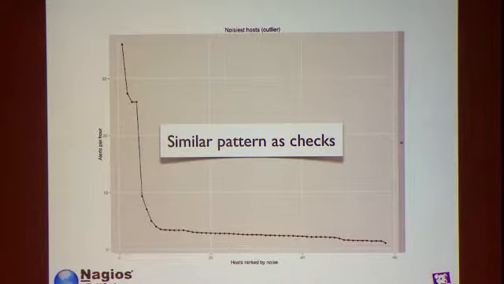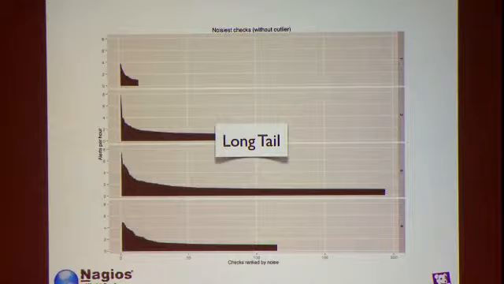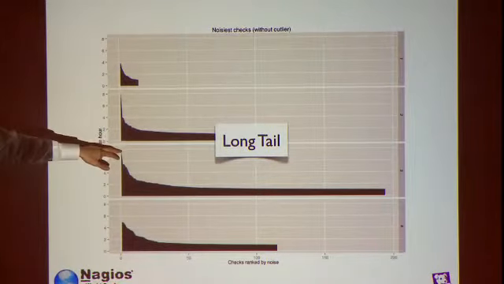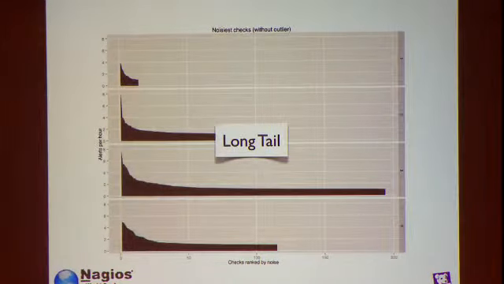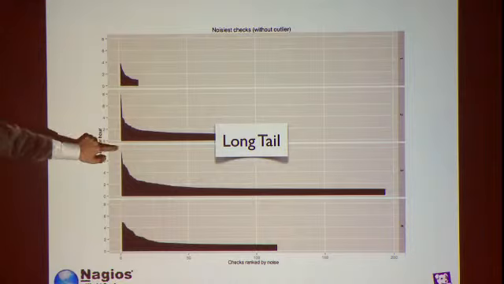So for them, it's a great way to find out that we should focus on those guys, because that's where the pain is coming from. And once that's solved, then you can see what it looks like. Now, if we remove that outlier again, we get the same long tail distribution. You'll still tend to have one check, one host, so you always have a few targets you can focus on to eliminate that peak.